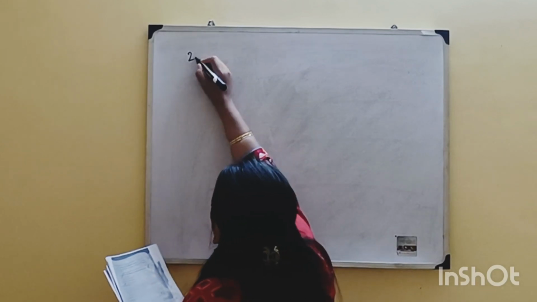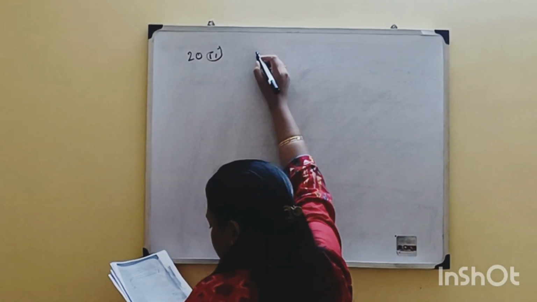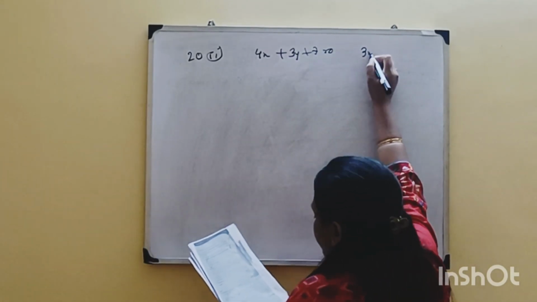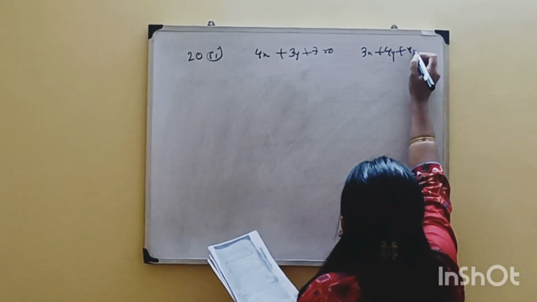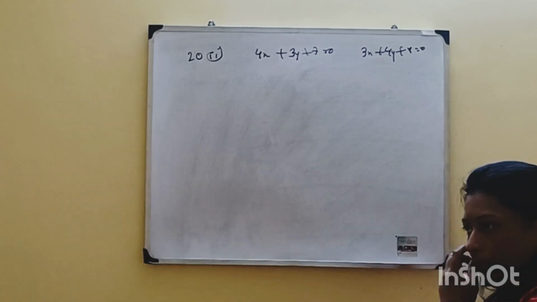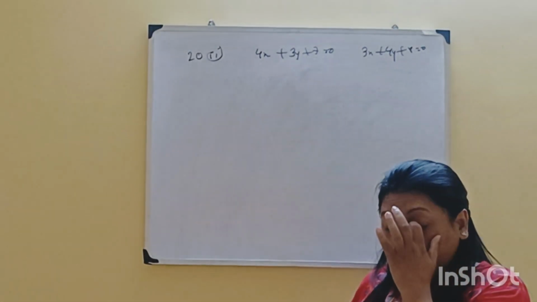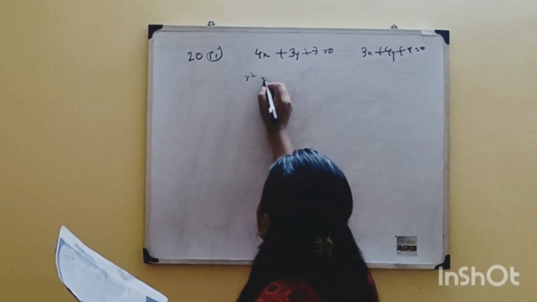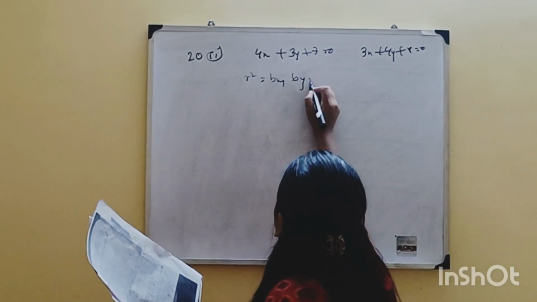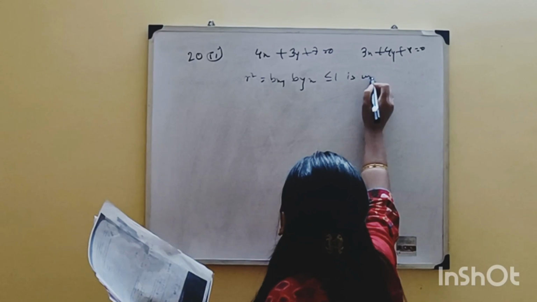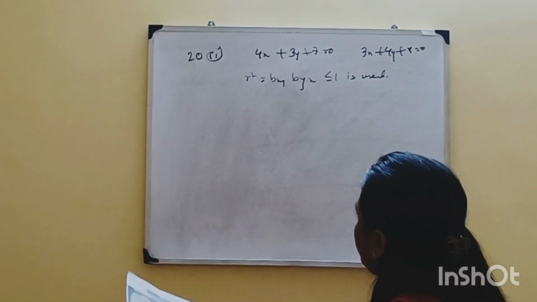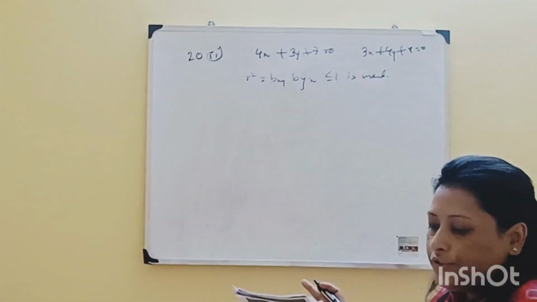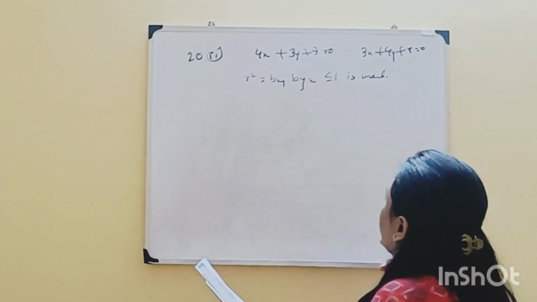Question number 20 subpart 2. The lines are 4x plus 3y plus 7 equals 0 and 3x plus 4y plus 8 equals 0. So first we know that r square equals bxy into byx, which is less than or equal to 1. We will use this. So I'm choosing 4x plus 3y. The question is you have to identify the line of regression of x on y.